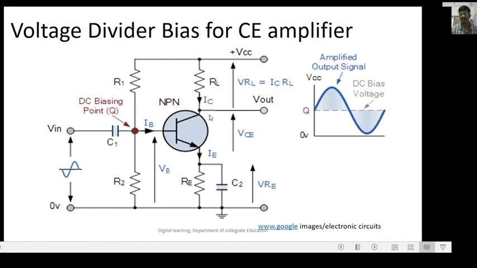In the output section, if we measure the signal in a CRO instrument, we can observe the amplified output signal like this. Therefore, the phase is reversed, by 180 degrees. The dashed lines show the DC bias voltage here.